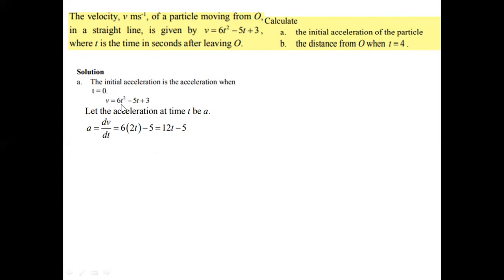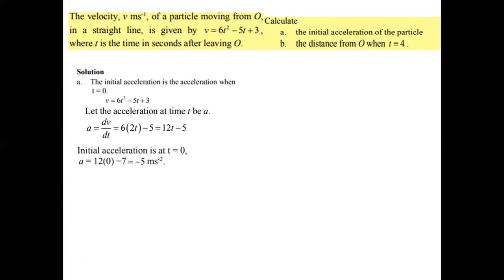Okay? Now, if we do that, this becomes acceleration. So a now is equal to dv all over dt. The derivative of 6t squared minus 5t plus 3 is 6 multiplied by 2t minus 5. Or further simplifying the terms, this gives us 12t minus 5.